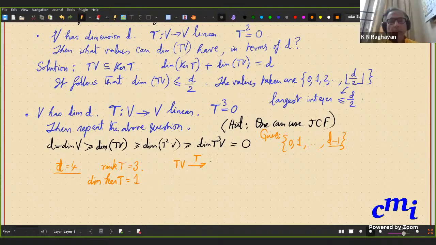Okay, sorry, I missed. Look at this. What can the kernel of this map be?